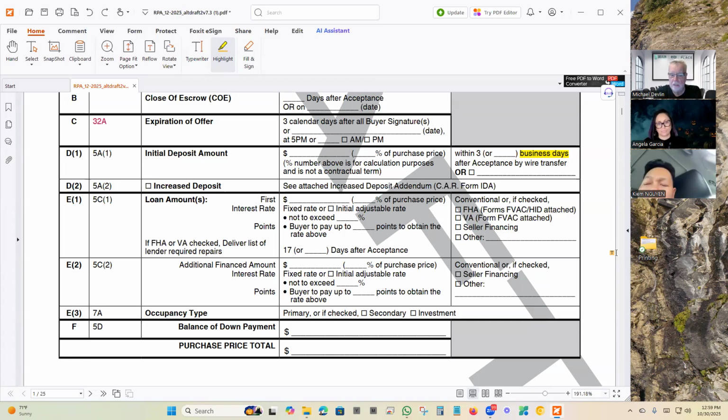Because if you're the listing agent and you see two loans, and there's a contingency for both loans, well, there are two possible things that could go wrong. Does everybody understand that if you have that other financing, that's going to make the seller maybe a little more nervous? But sometimes you just have to tell them the truth, right? Depending on how long it's been on the market and how many other offers.